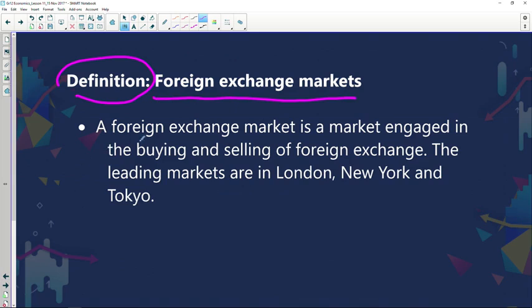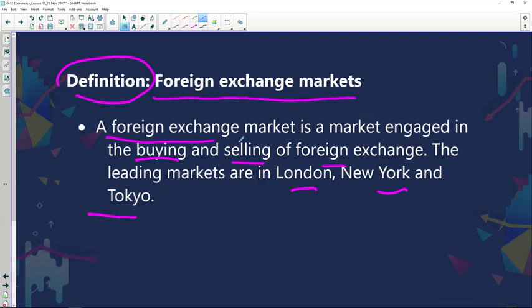So a foreign exchange market is a market engaged in buying and selling of foreign exchange. The leading markets are London, New York, and Tokyo. Okay, so here we have the exchange that's happening, the buying and selling of foreign currency.